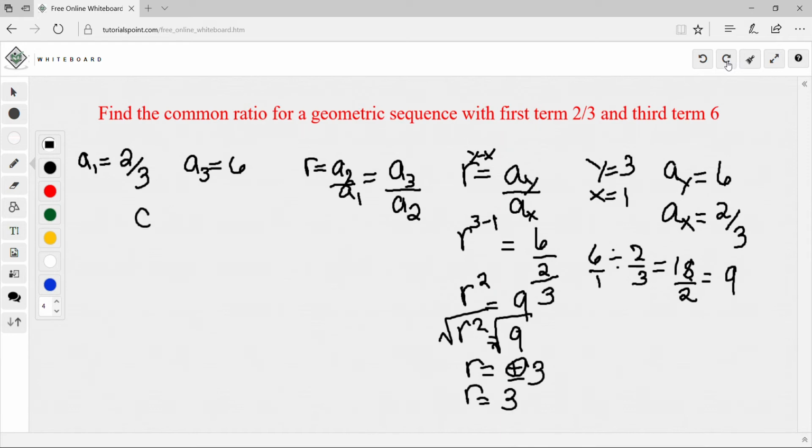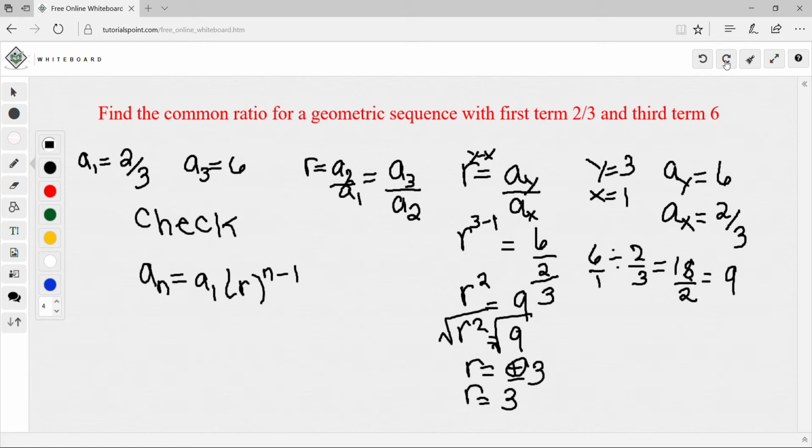So I'm going to check. In order to use this formula, r equals a2 over a1, I've got to find the second term. We can find the nth term by using this formula where an equals the first term times the ratio to the n minus 1.